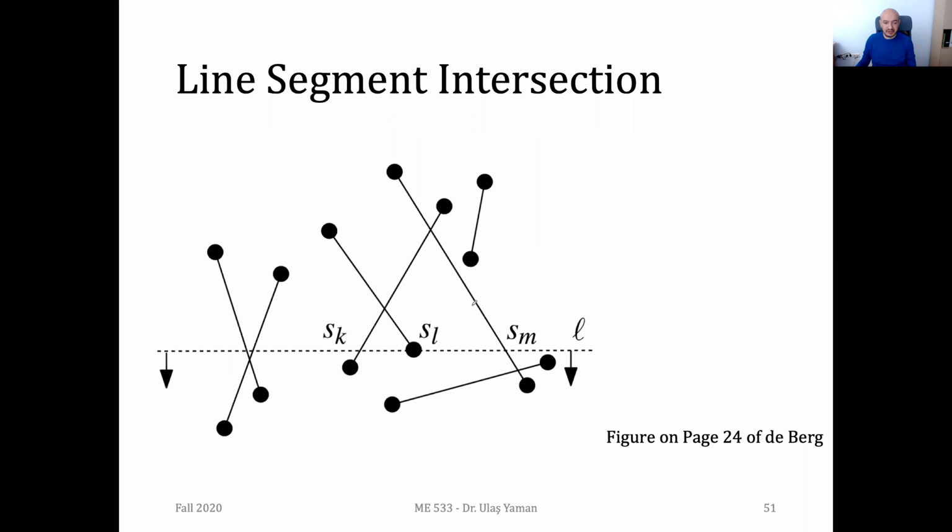So we are now working on the lower endpoint event. This is the lower endpoint of SL. And as you see, after this event point, let me first write this portion. I'm just focusing on K and M. Initially, we have K, L, and M. And after this point, we'll just have K and M, right?